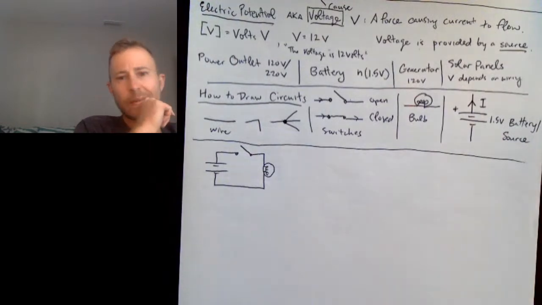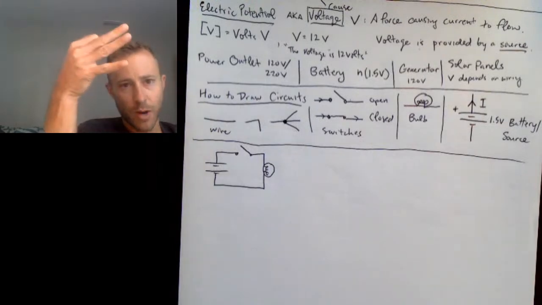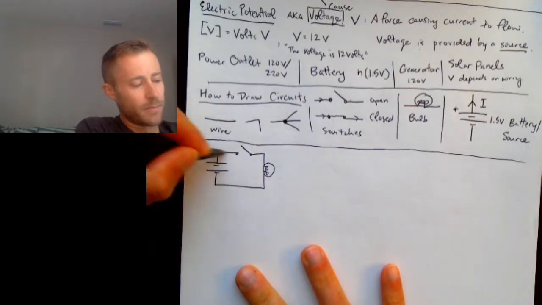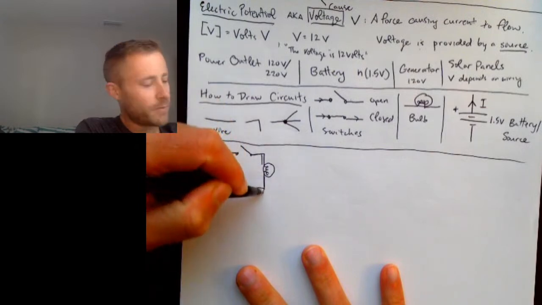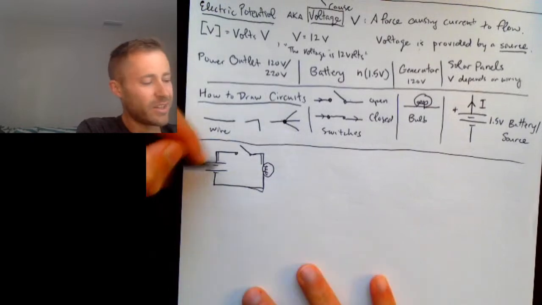So I want you to think about, if you were actually making this circuit in reality, how many wires would you need to do that? So think about it for a second. And if you think about it, I hope you will arrive at the answer 3 wires. Okay, so why is that? You have a wire here, you have a wire here, and you have a wire here. So this is a 3-wire circuit. It has 3 things in it.